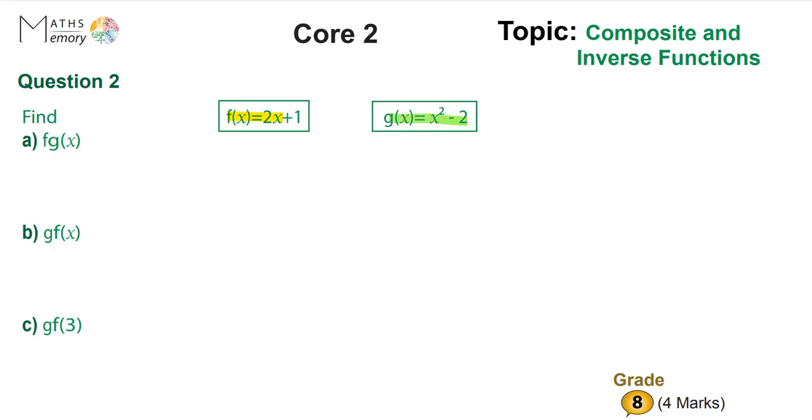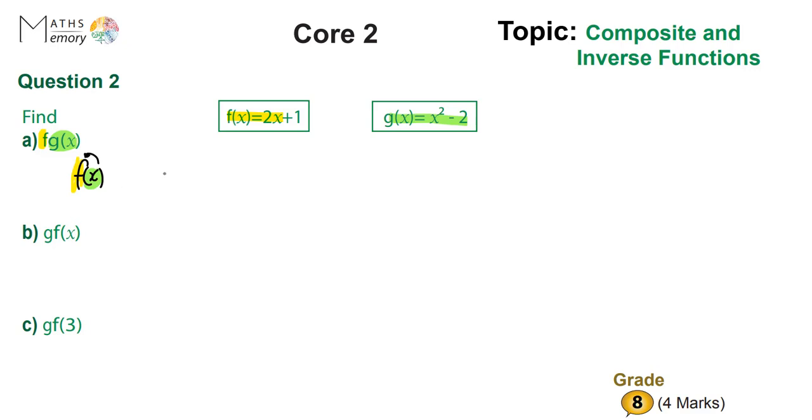Part A, f of g, that's how we say this. f is this, and g is this function here. Now we used to be doing functions like f of x before. You simply have your f function, and an x value, and all you did was substitute your x value into your function.